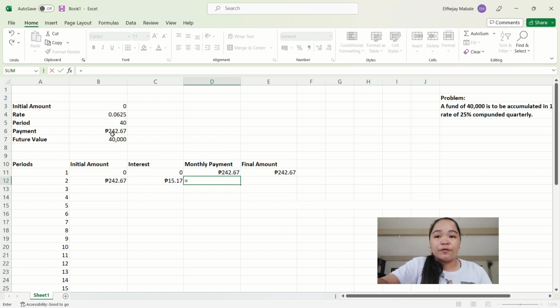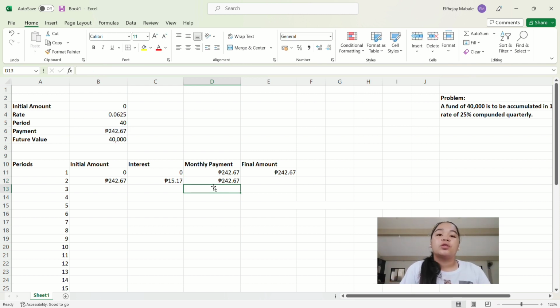So our payment is, just type equal sign and then click the payment, which is 242.67. We put a dollar sign before the letter B and before the number 6 and then enter. So 242.67, the same as in period number 1.